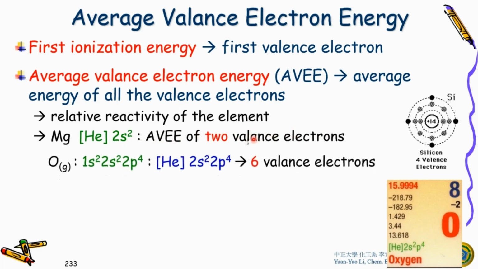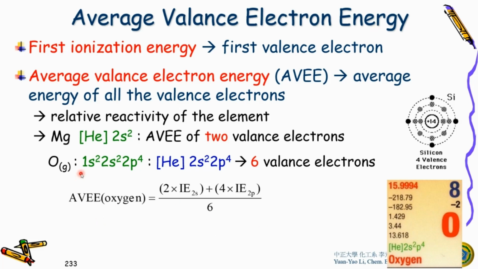There are 2, okay? However, for oxygen, there are 6 valence electrons, and you want to know the average valence electron energy of these 6 electrons. And for magnesium, you want to know the average valence electron energy of the 2 valence electrons. So the definition is like this.